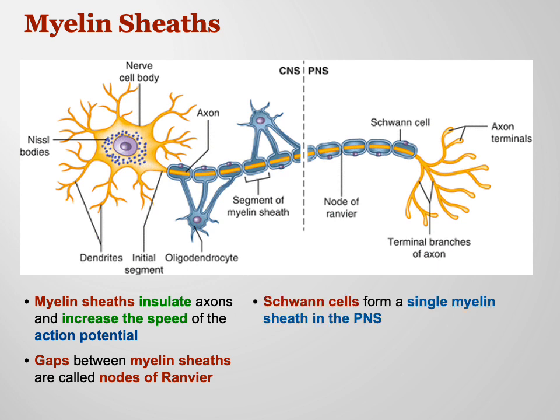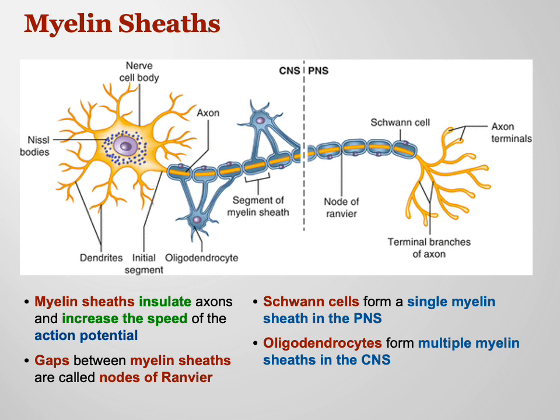Schwann cells form a single myelin sheath in the peripheral nervous system. So you can see there a Schwann cell on the diagram on the right side of the illustration. You can see a Schwann cell makes one single myelin sheath, whereas oligodendrocytes, see more in the middle to the left, you can see a cell there making 3 myelin sheaths. That's an oligodendrocyte. Now this is kind of a goofy diagram because they're simultaneously showing the CNS and the PNS.